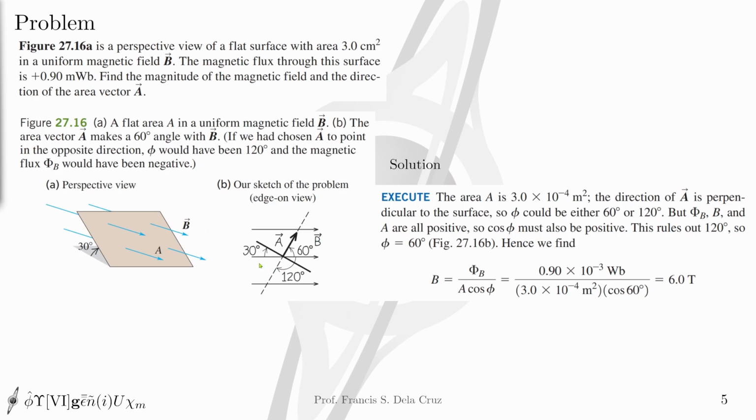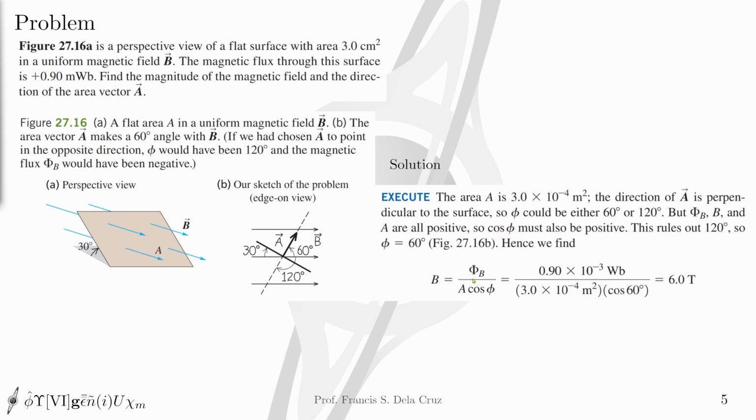As you can see in this orientation, this is 30 degrees, and we can see that the angle between the magnetic field B and the surface normal is 60 degrees. The inclination of the surface normal is 60 degrees above the positive x-axis. So that's what we're going to supply here.